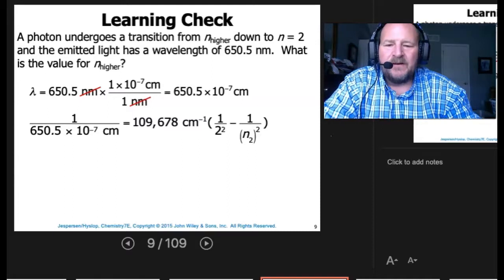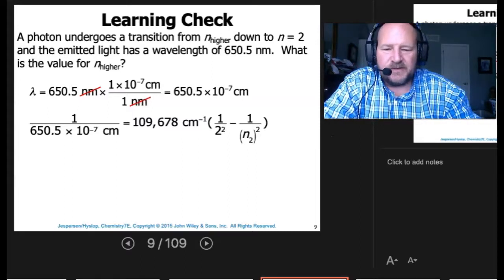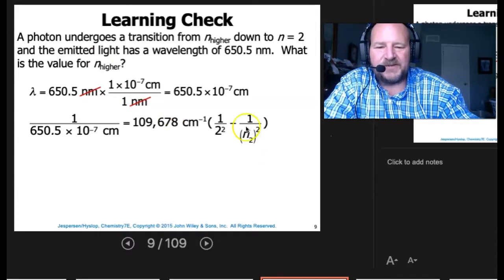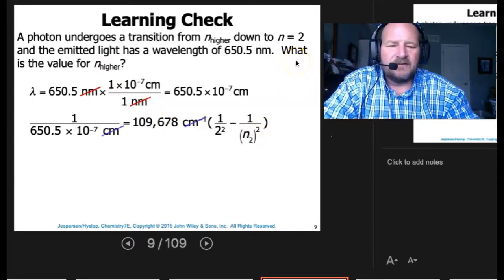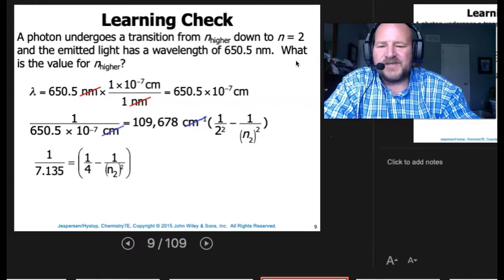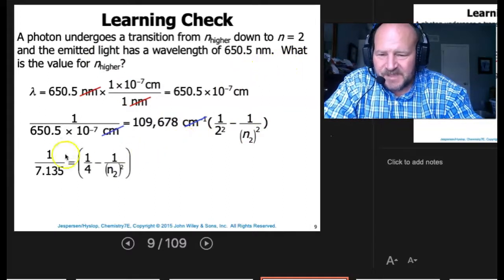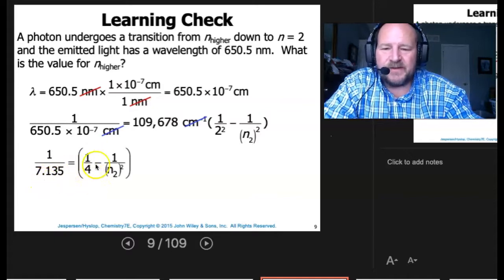109,678. We're going to multiply that by 1 over 2 squared minus 1 over n squared. Again, we're looking for n2 here. Centimeters will cancel out. And so we're going to take 1 over 7.135. That's going to equal 1/4 minus 1 over n squared.